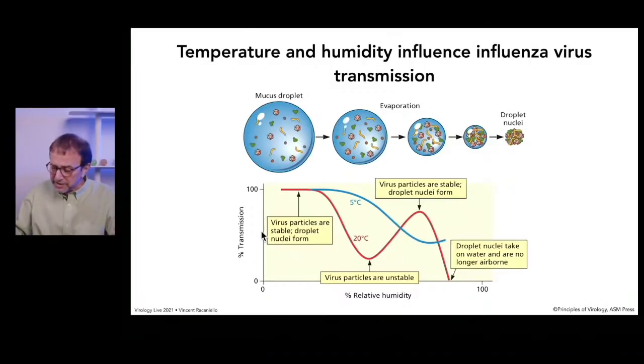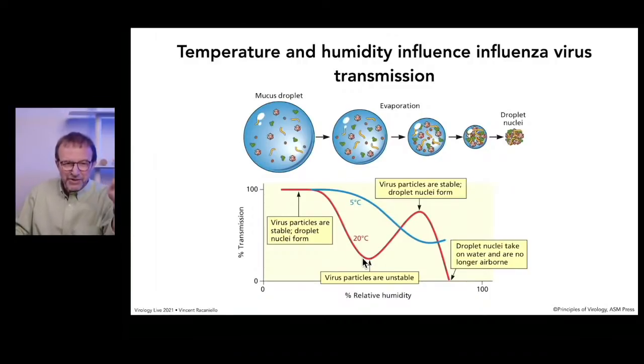So you can look at transmission. In this experiment, they're looking at the effect of temperature and relative humidity on percent transmission. For example, if you increase the temperature, that's in red here, at higher temperature, transmission drops because the virus particles are unstable.